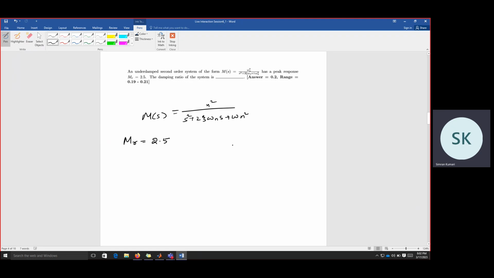Now for this system, if we try to plot the frequency response of G of j omega, it would be kind of this, as we have gone through in the lecture.